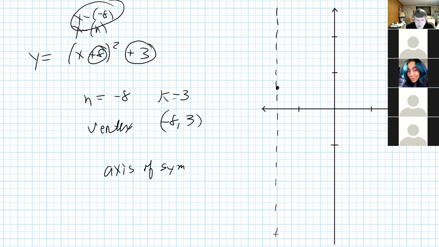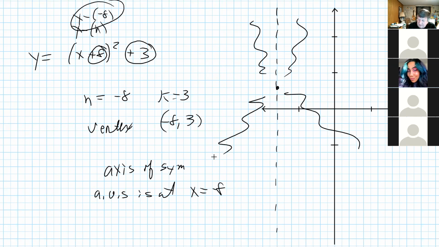Since the x value here is -8, the axis of symmetry is at x equals -8, which means the graph is going to be symmetric. Whatever happens over here, the same thing's going to happen over there. It's going to be symmetric about that line. The axis of symmetry is described as an equation, x equals, because it's a vertical line.